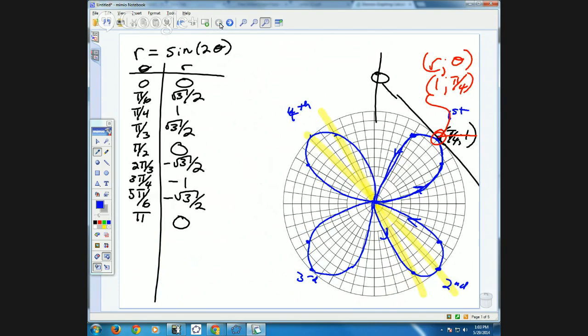So the period of this is definitely 2 pi. Or we could just find 1 leaf, integrate from 0 to pi/2 and multiply the whole thing by 4. So the question is, what would you rather plug in, pi/2 or 2 pi? 2 pi sounds easier to plug in, doesn't it?